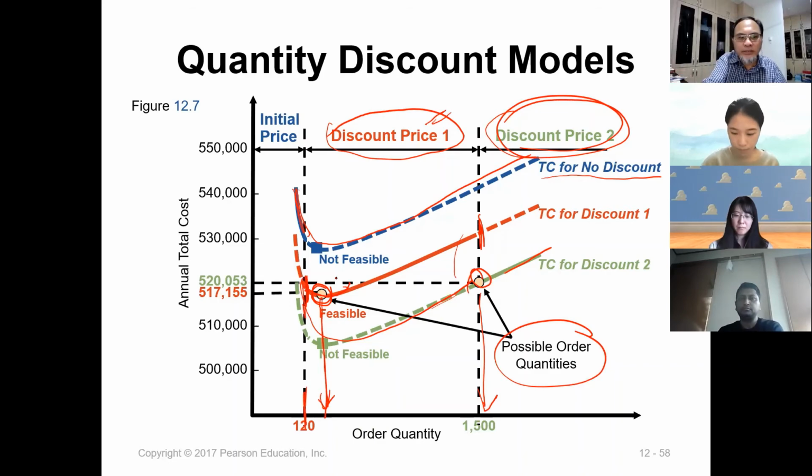So this is the scenario for quantity discount models. You have price breaks and then you find the Q star for that range. Q star for this range is here. This is not acceptable, so you need to go to the next possible price quantity.